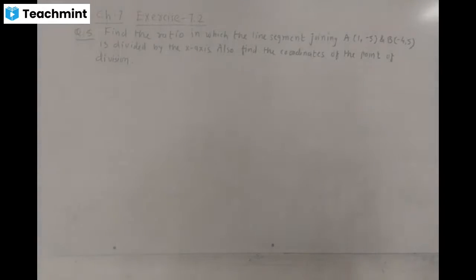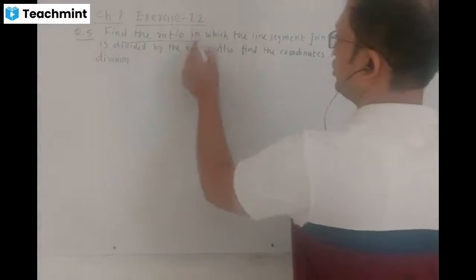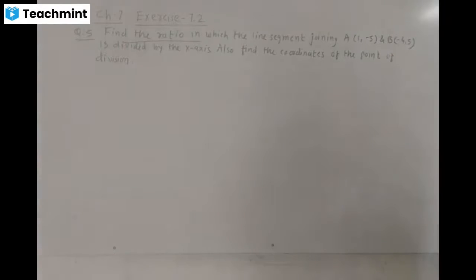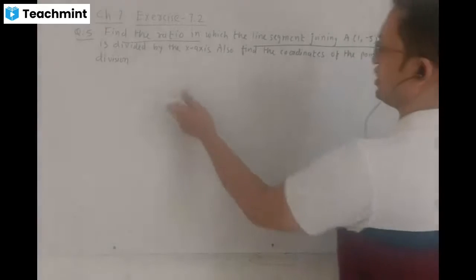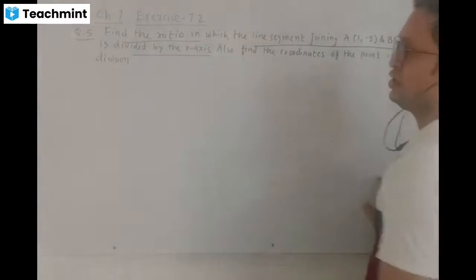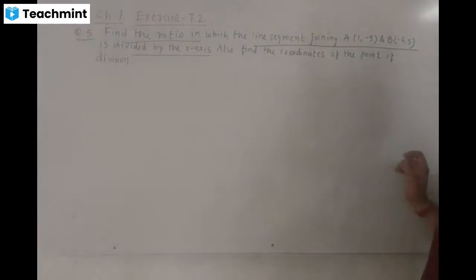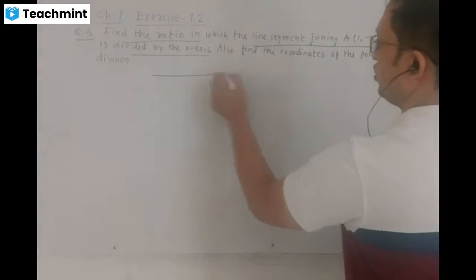Find the ratio, meaning m1 ratio m2, in which the line segment joining point A (x1, y1) that is (1, minus 5) and B (x2, y2) that is (minus 4, 5) divides the x-axis. X-axis means y coordinate is 0.